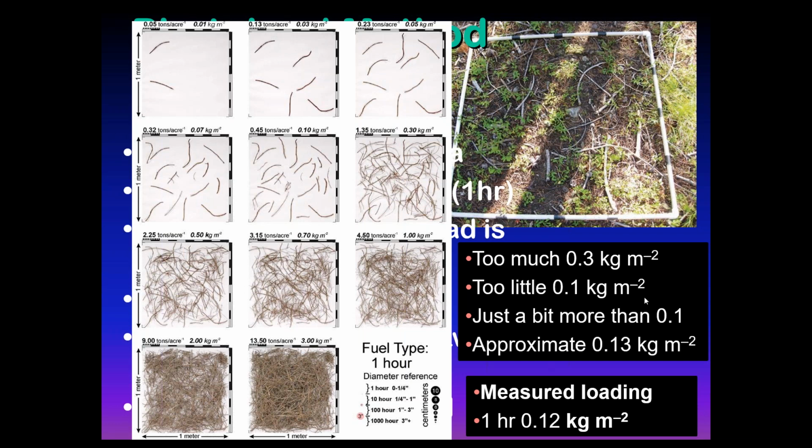Now, when we teach these at various workshops, and we've done over, I think, 20 or 30 of them by now, most of the people are within 0.02 kilograms or 20 grams. That is, to me, always astounding, because there is no way that Brown's transects can get you to within the real loading value that quickly and that easily with a visual cue.